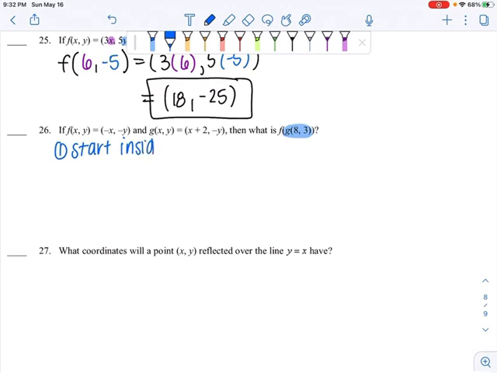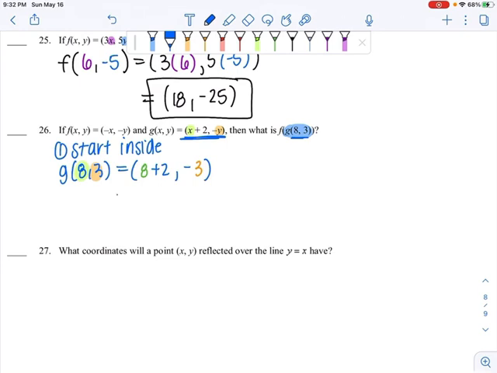Okay, so g of (8, 3) equals, then we take what that g of (x, y) equaled, and so that's x plus 2. So we're going to take 8 as x and 3 as y. So that's going to look like 8 plus 2, negative 3. So that point is going to turn into (10, negative 3).